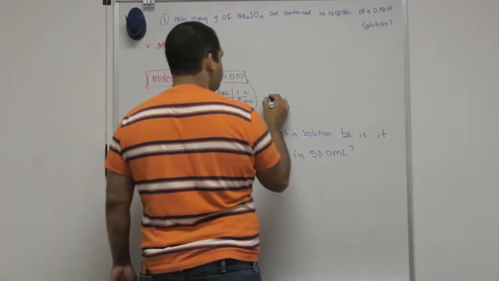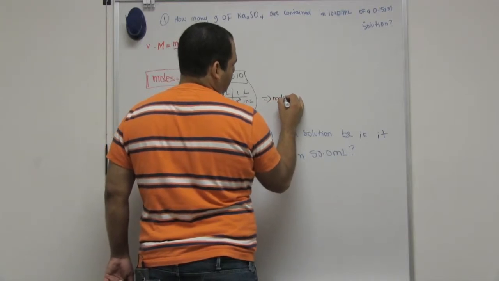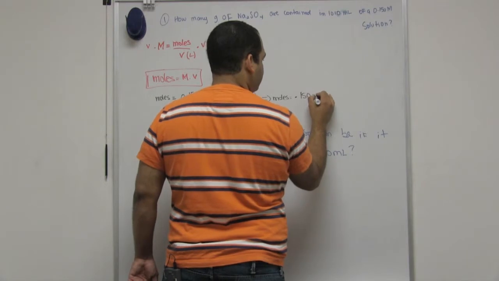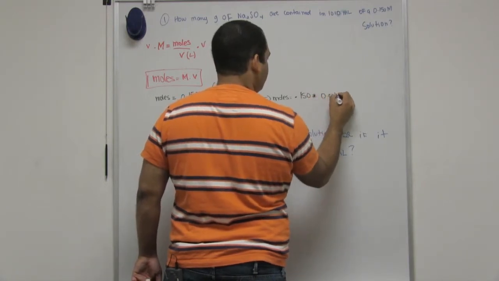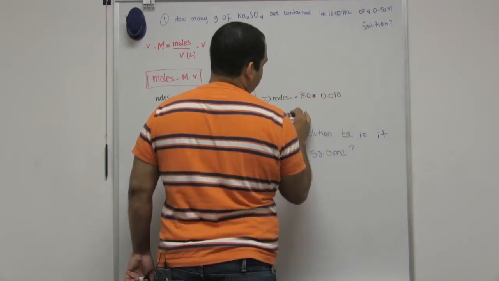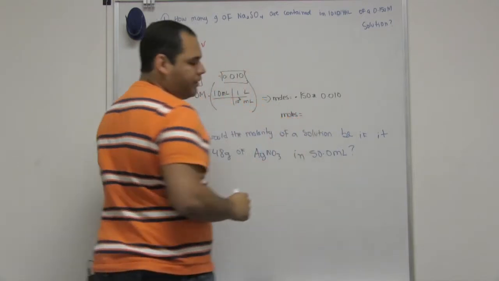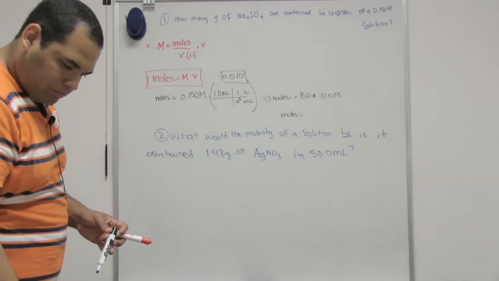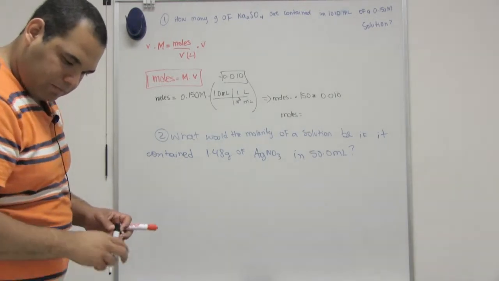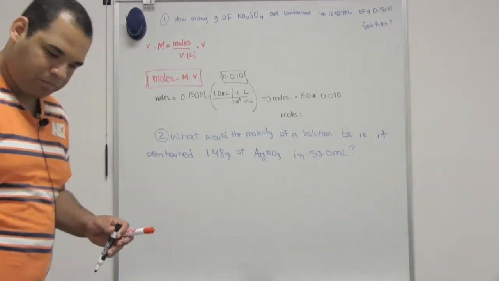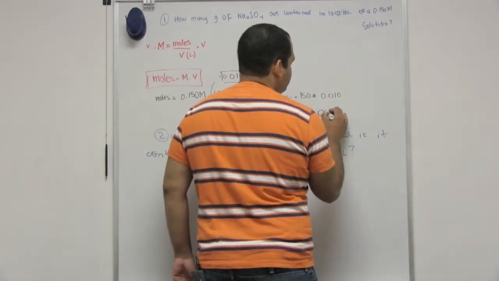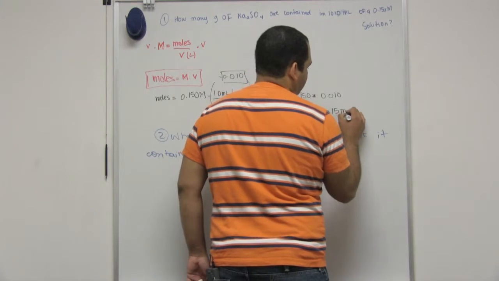So my moles would be equal to 0.150 times 0.010, which is 0.0015 moles.